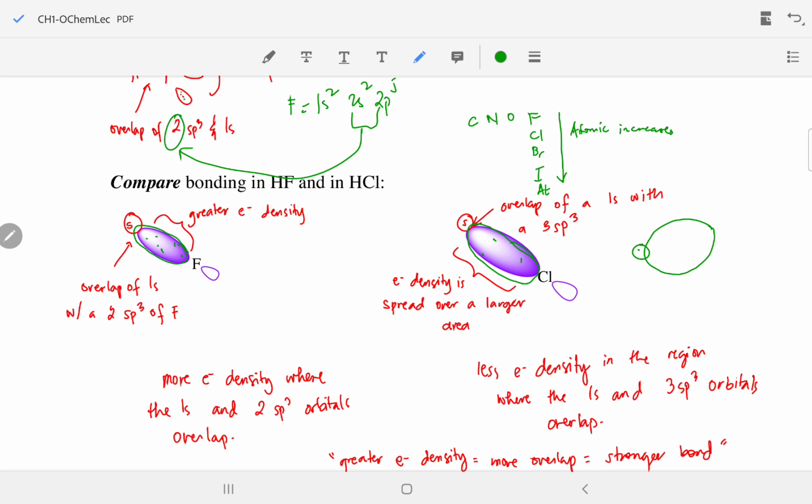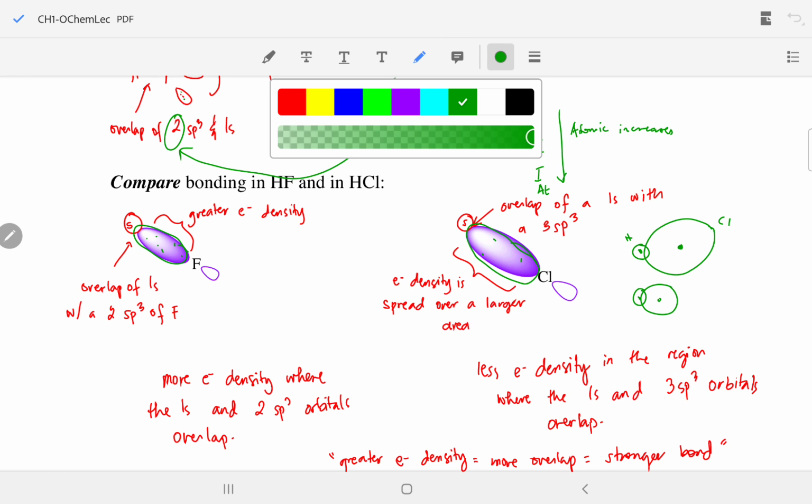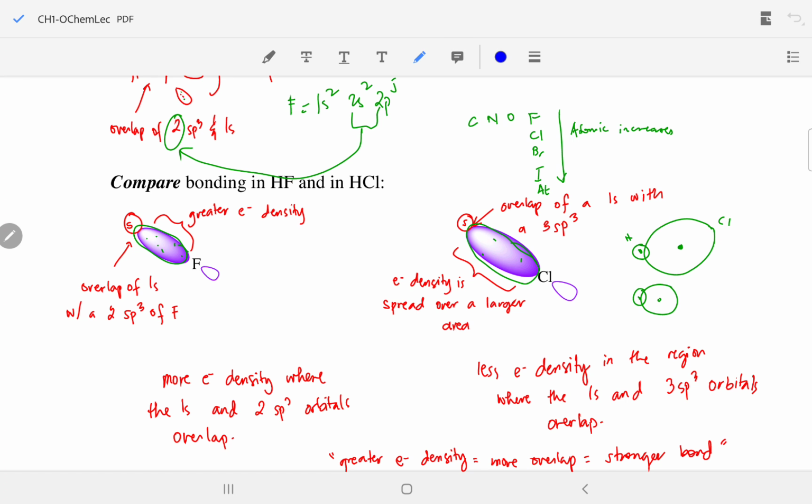distance, if this is the hydrogen and this is chlorine, you compare it with fluorine. Imagine this is the nucleus. If we look at the bond, remember that bond length is measured from nucleus to nucleus.